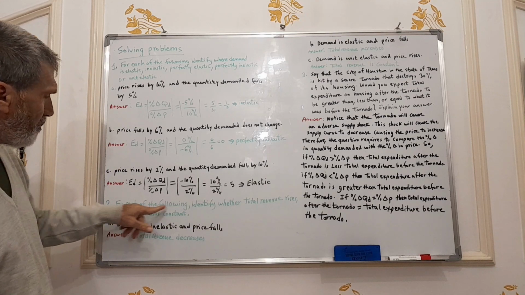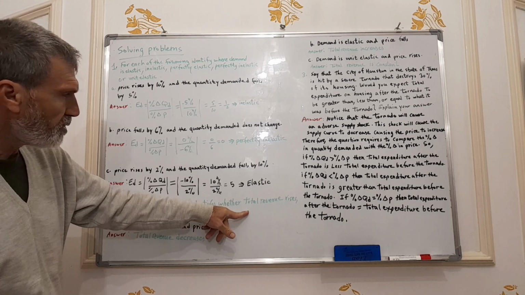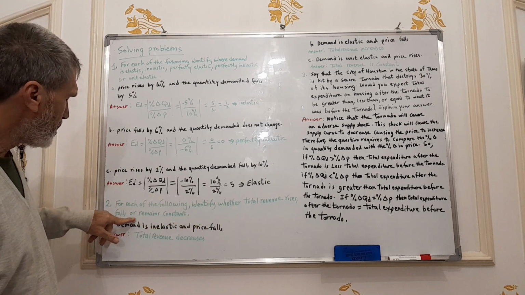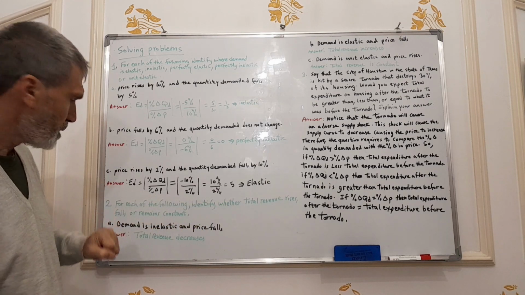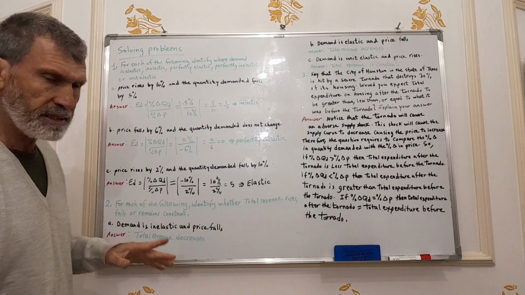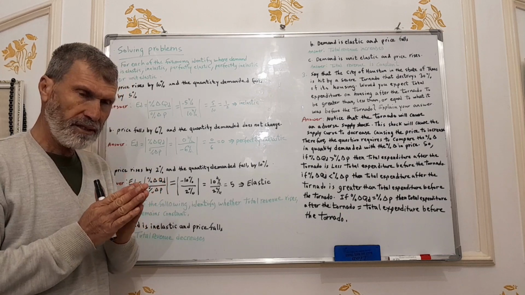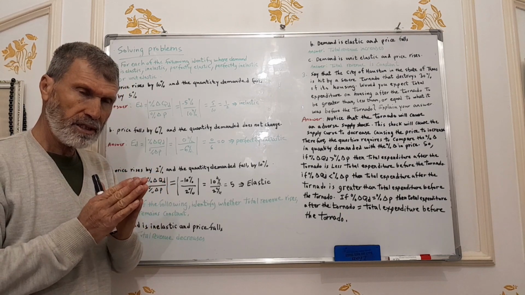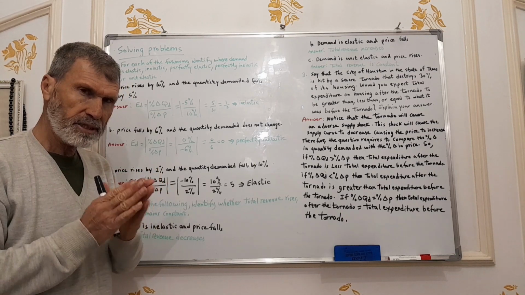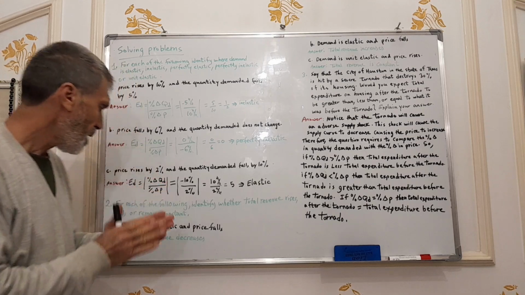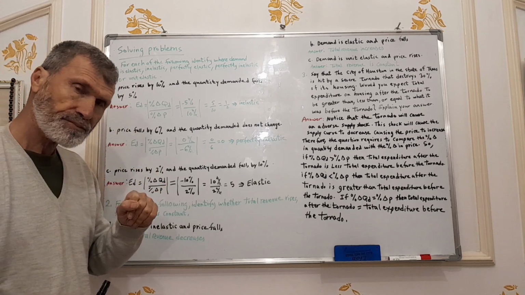Question 2: for each of the following, identify whether total revenue rises, falls, or remains constant. A: demand is inelastic. This means the percentage change in the quantity demanded is less than the percentage change in the price, and the price falls.